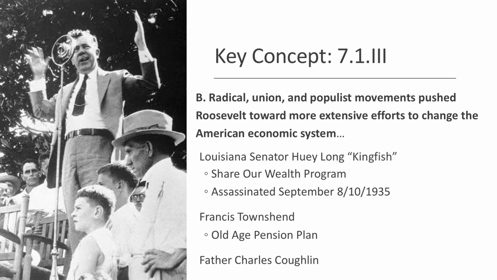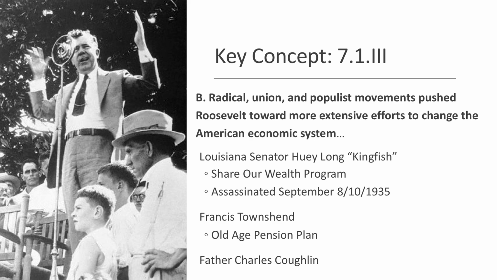Getting to letter B, not everyone's happy with Roosevelt. There are radical individuals, union individuals, and populists who felt that Roosevelt wasn't left enough, that he didn't do enough. One of them was the senator from Louisiana, Huey Long, known as the Kingfish. He preached share our wealth programs.